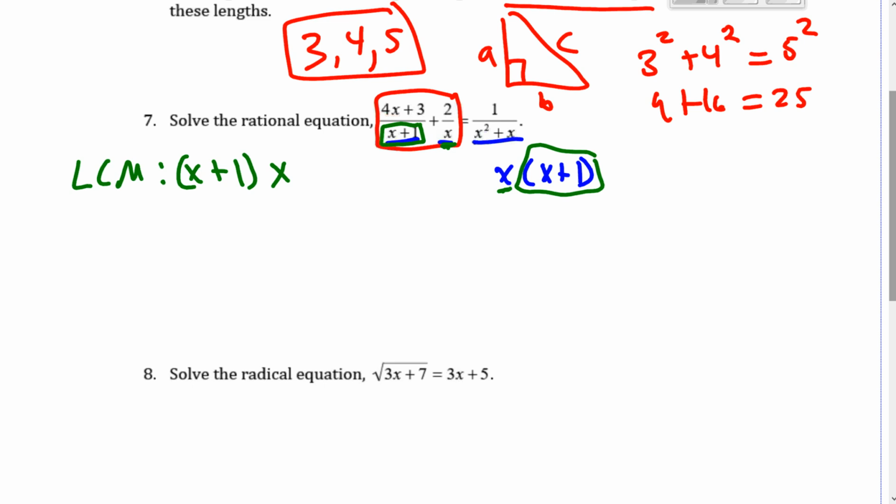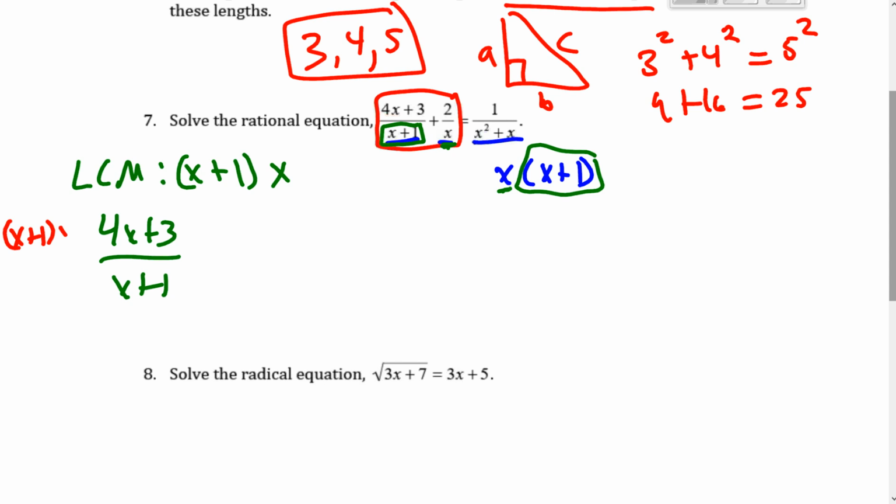So I can multiply every term by this LCM, and it'll get rid of this denominator, okay? So we have 4x plus 3 over x plus 1, and I'm going to multiply that by this LCM. So these x's cancel out, right? Now my denominator's gone on that term. And then on the next one, I'm going to multiply that by the LCM.